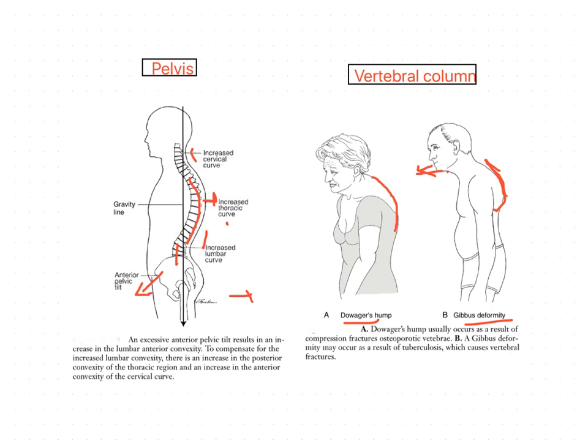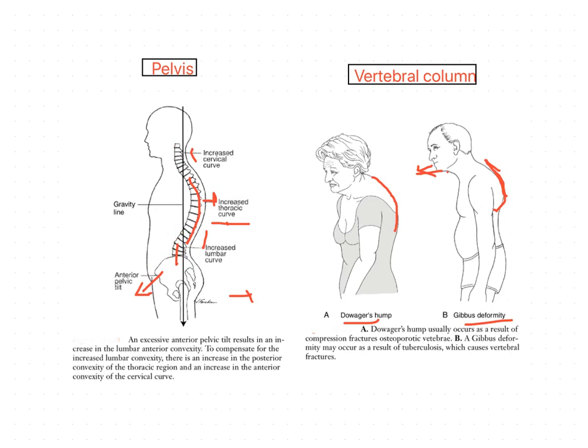A simple thing you have to observe is this: in the case of thoracic kyphosis, lumbar lordosis and cervical lordosis, the structures on the side of increased convexity are going to stretch or lengthen, both muscles as well as ligaments, and the structures on the concavity side are going to undergo compressive stresses.